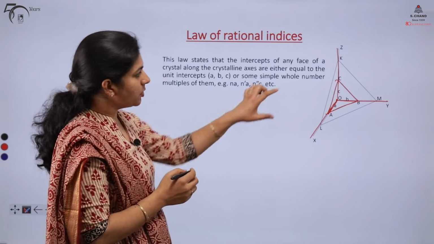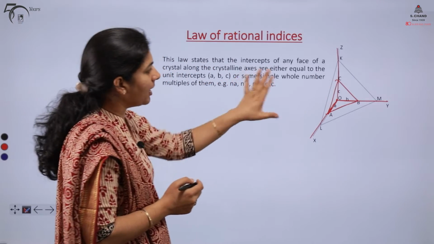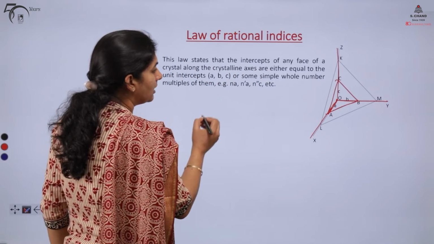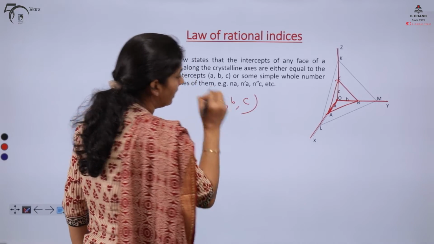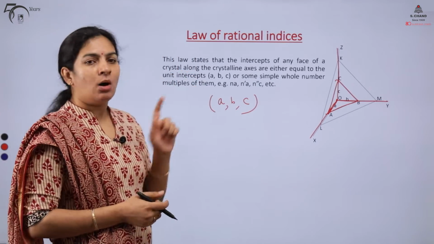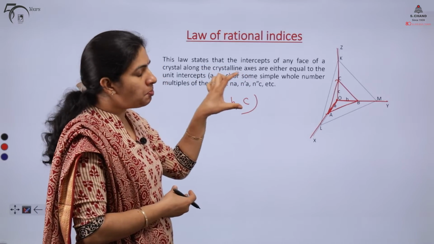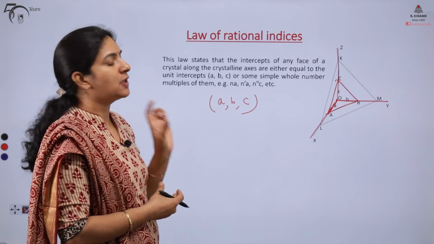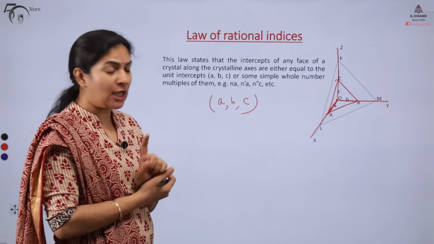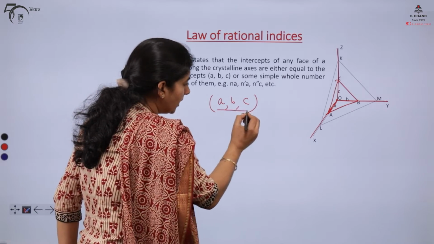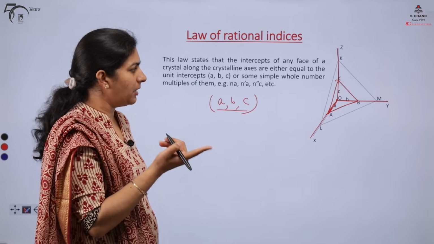So the intercepts which this particular plane makes on these crystallographic axes are A, B, C. Now this law of rational indices says that the intercepts made by any of the crystalline faces on these crystallographic axes can be either ABC or integral multiples of ABC.